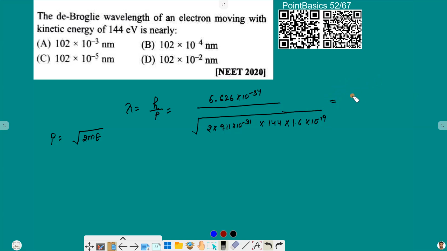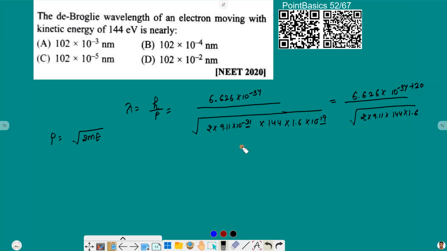So this can be written like this: 6.626 into 10 to the power minus 34, and here this is minus 31, this is minus 19, so they add up to minus 50, and under root is there, so the final power will be minus 25... it will go on the upper side and become plus 20. And under the root we will have 2 into 9.11 into 144 into 1.6.